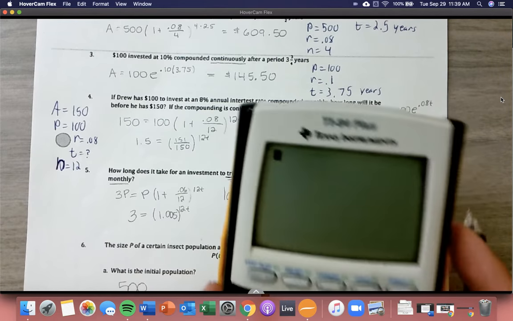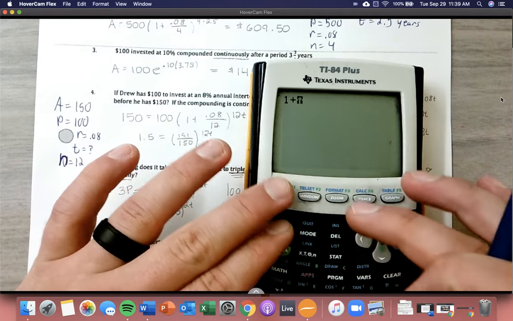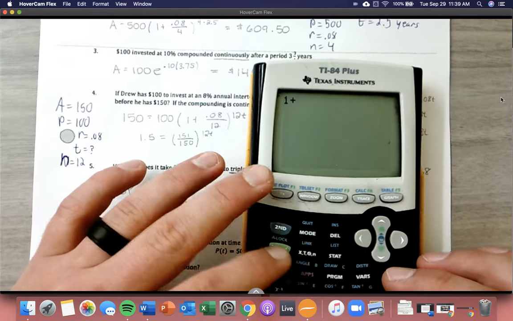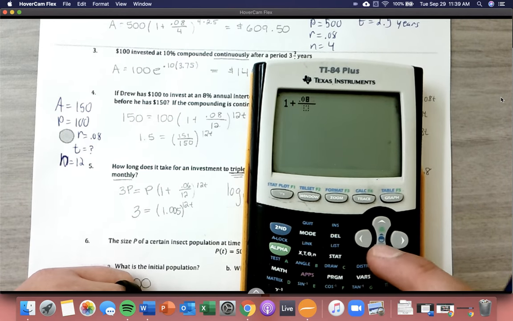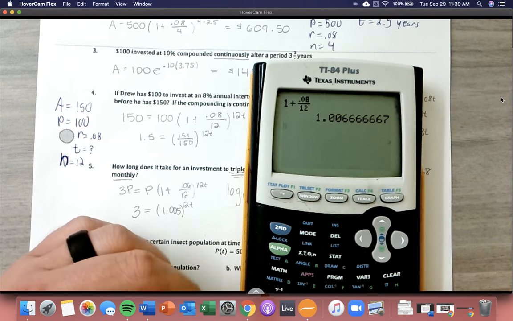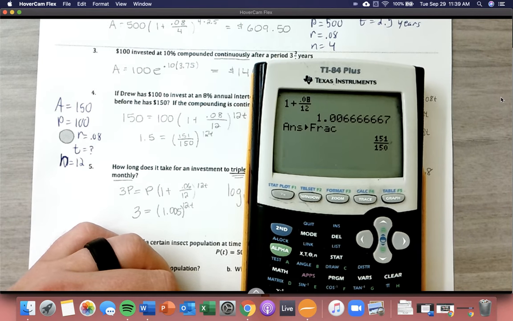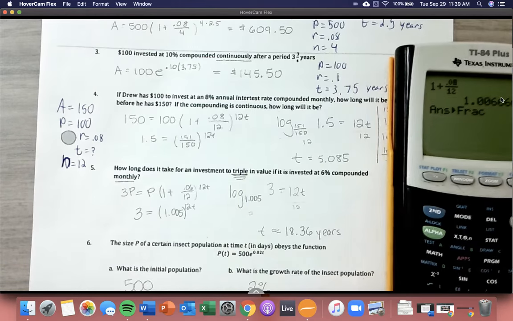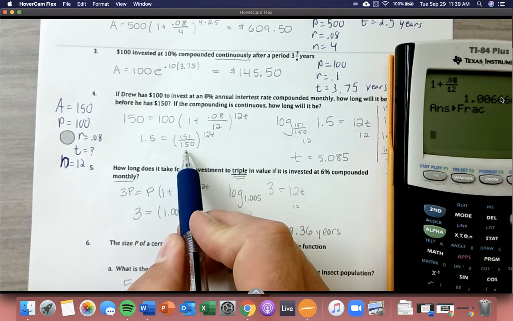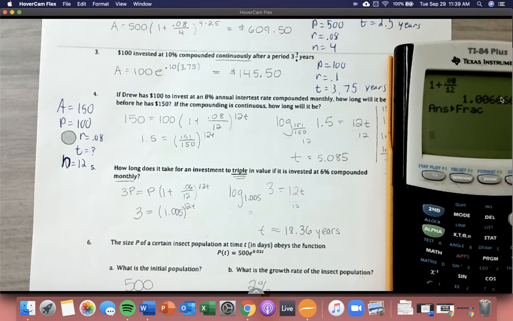If you do 1 plus 0.08 over 12, you end up getting this decimal, but you can change that to a fraction, and it makes it a little bit neater. So that's all they did there, is they just simplified what's in the parentheses. And we got 151 over 150. That's all raised to the 12 times t power.